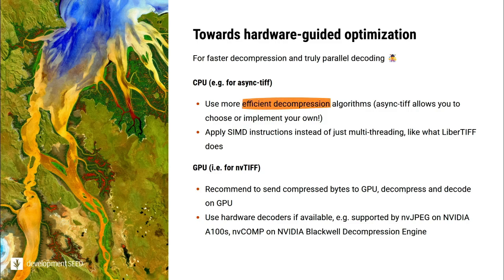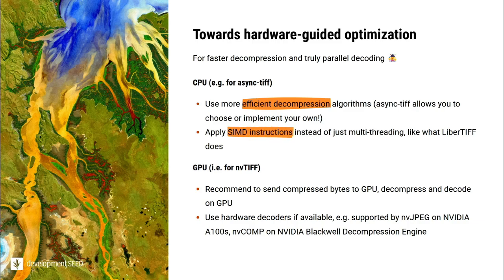But for speeding up reads, we probably want to look at more efficient decompression algorithms. async-TIFF right now allows you to pass in your own decompression algorithm. There's a registry where you can pass in your own, so that could offer some speed up.